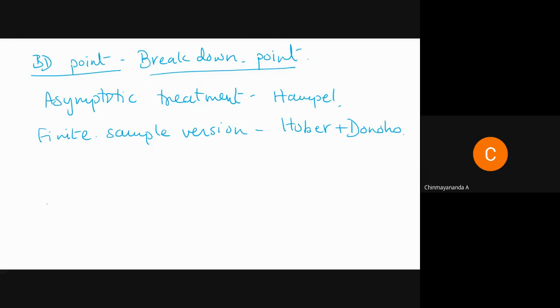So how do I define that? Let Z be all these pairs (x_i, y_i), let's say i equal to 1 to n. So there are n points or n samples, and let's say T is the regression estimator, or the function that we are fitting. In least squares, it is nothing but the straight line that we are trying to fit.